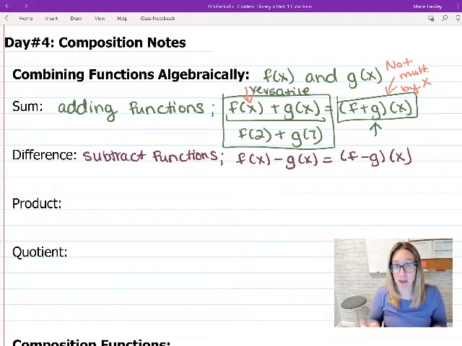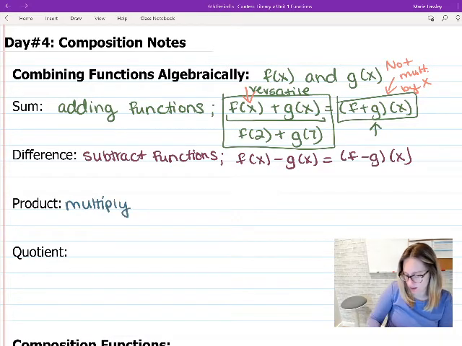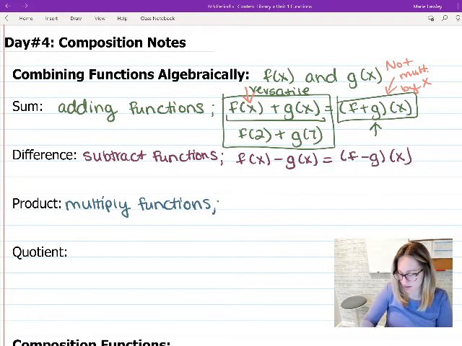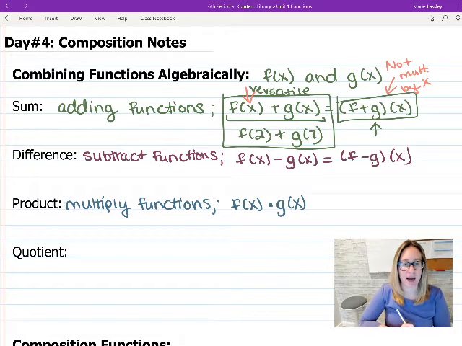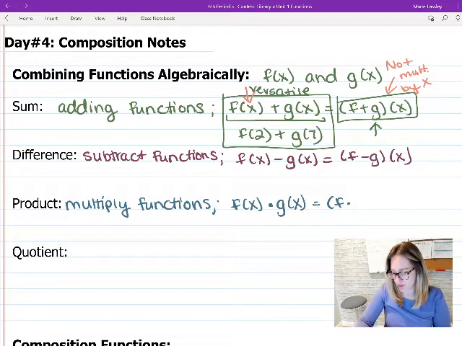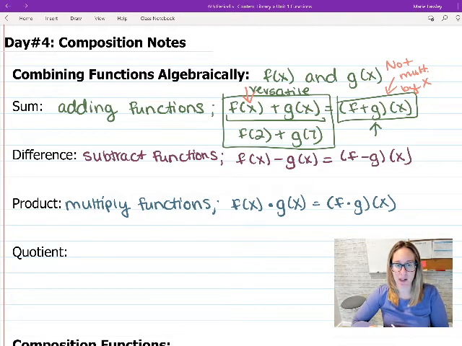Okay? Next, we have product. That means multiply. So we can multiply functions. So we have f of x times g of x. That's my little multiplication dot there. Or we can do f times g of x. And sometimes you don't see the dot, the multiplication dot.